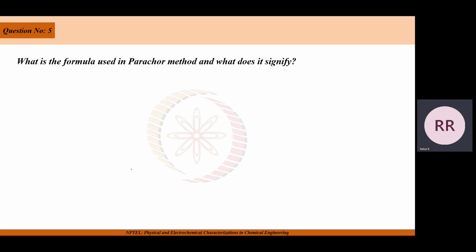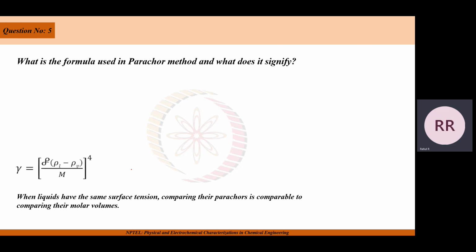I think you had enough time to think over the answer. Now let me discuss the answer with you. The relationship is given by gamma is equal to the Parker factor into rho L minus rho V, which is the liquid phase and vapor phase, divided by the molar mass, whole to the power 4.